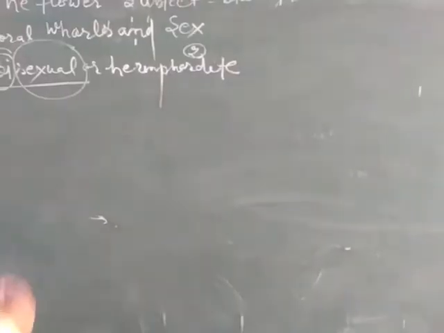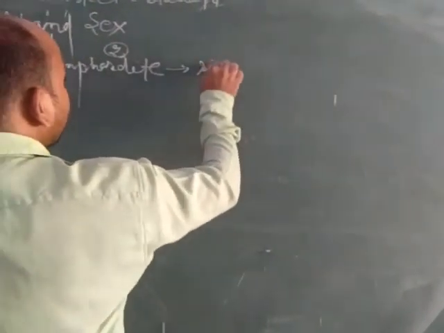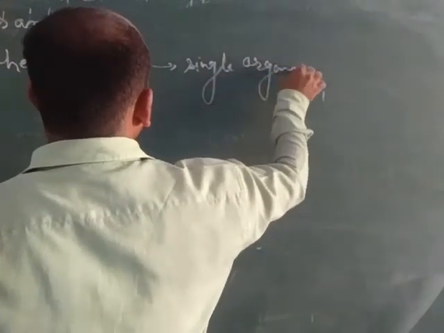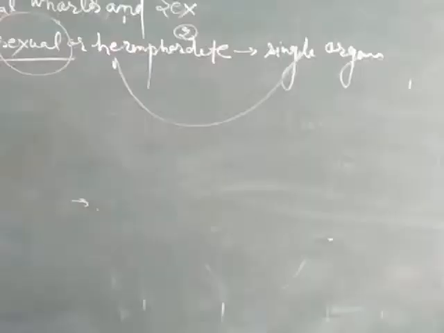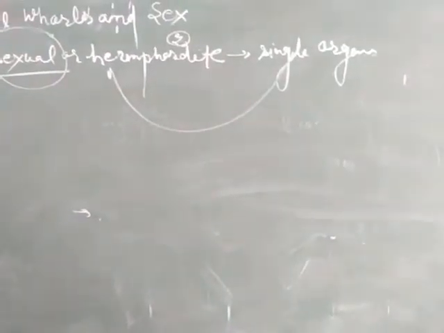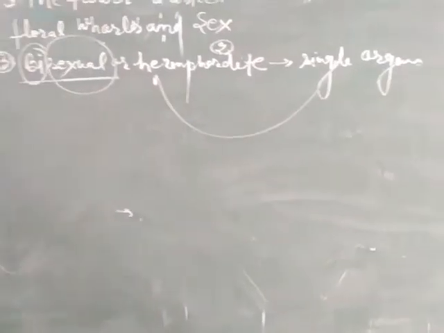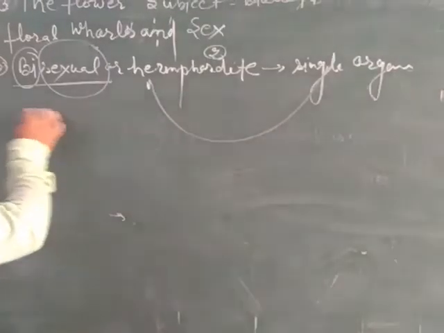If a single organism contains both sexes, male and female, this is called the bisexual condition. It is termed the perfect, bisexual, intersexual or hermaphrodite condition of flower.